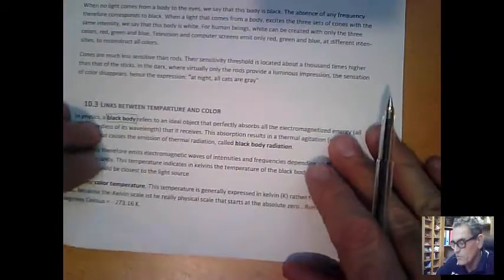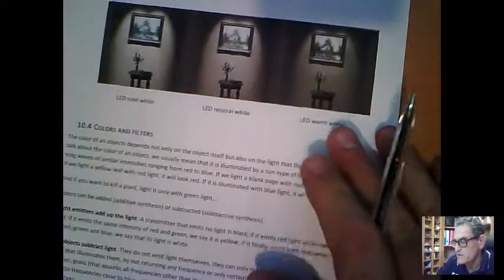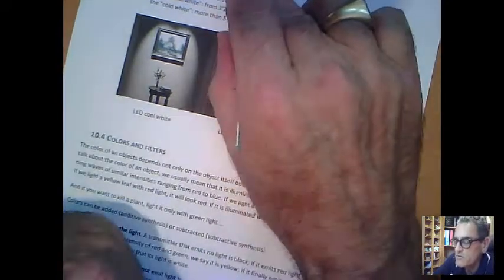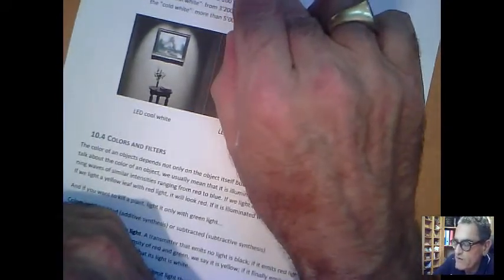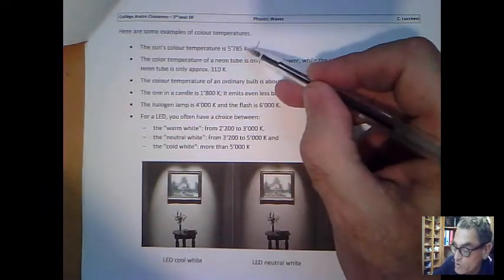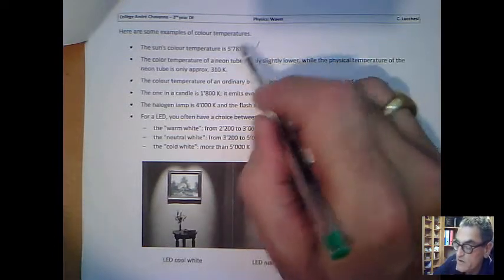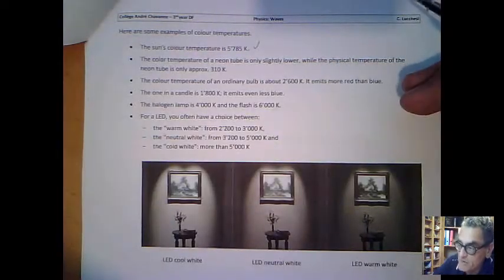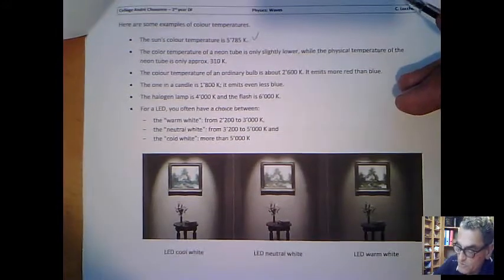So if you want a black body to emit the same color as the sun, you need this black body to be at a temperature of 5,785, let's say 6,000 degrees. Okay, so we say that the color temperature of the sun is 6,000 degrees Kelvin. It's approximately the same as the surface temperature of the sun.